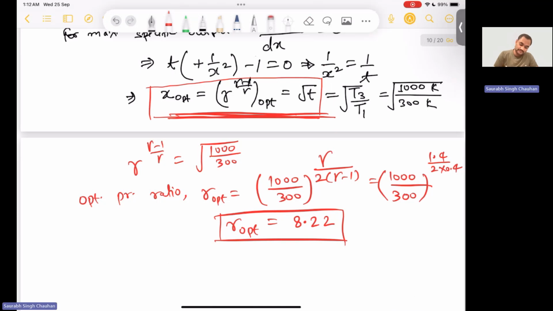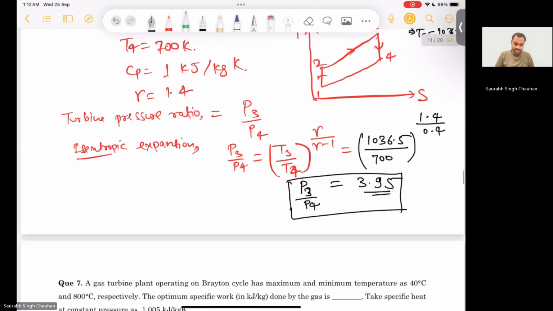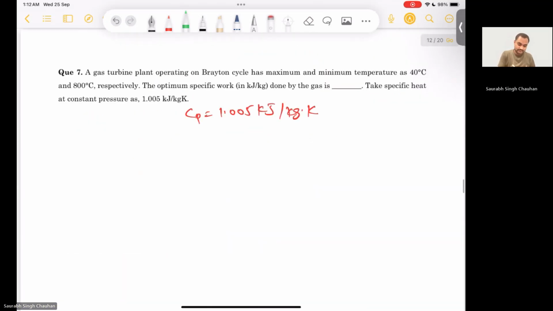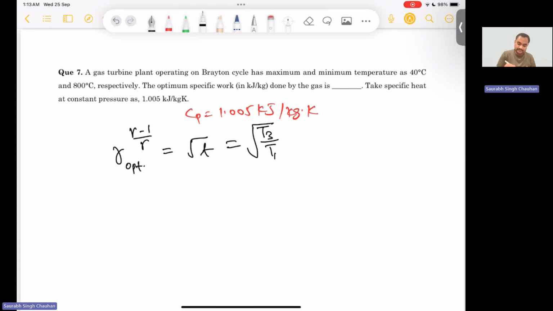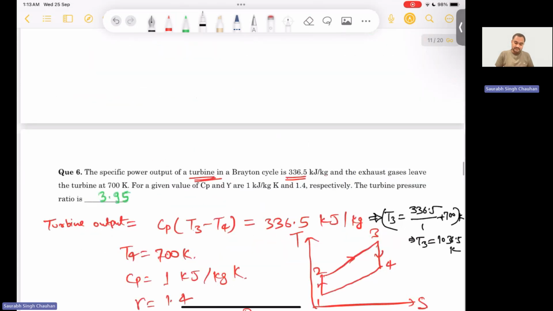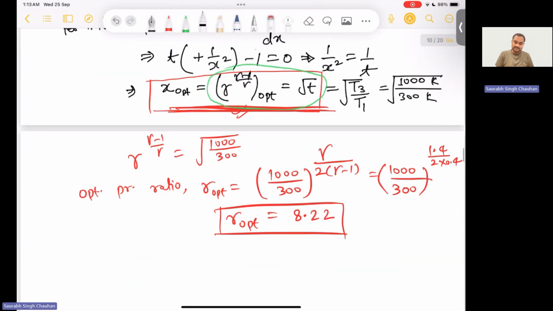Here is the formula: r to the power (gamma minus 1) by gamma, this is the optimum pressure ratio, is equal to the square root of T, where T is T3 by T1.